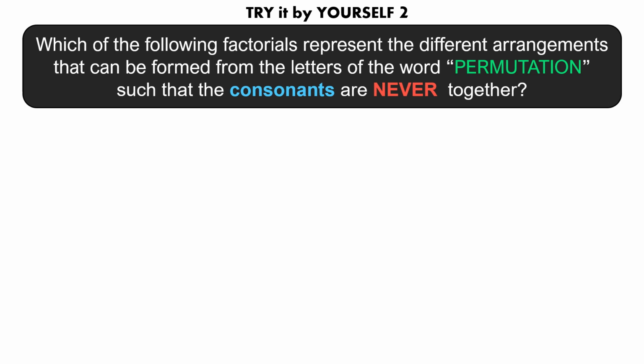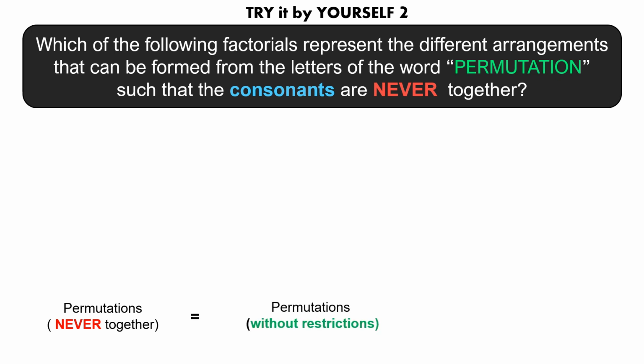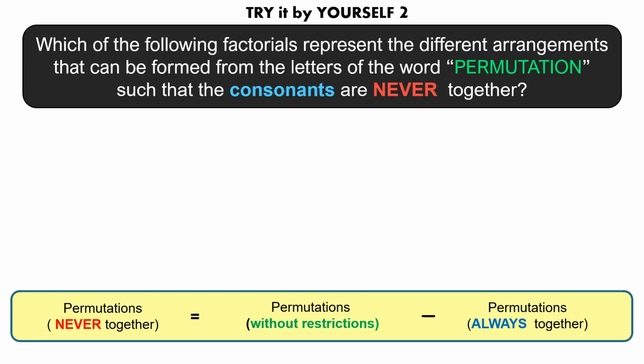You can follow the equation below in solving for this type of problem. Permutations never together is equal to permutations without restrictions minus permutations always together. So these are the following choices.